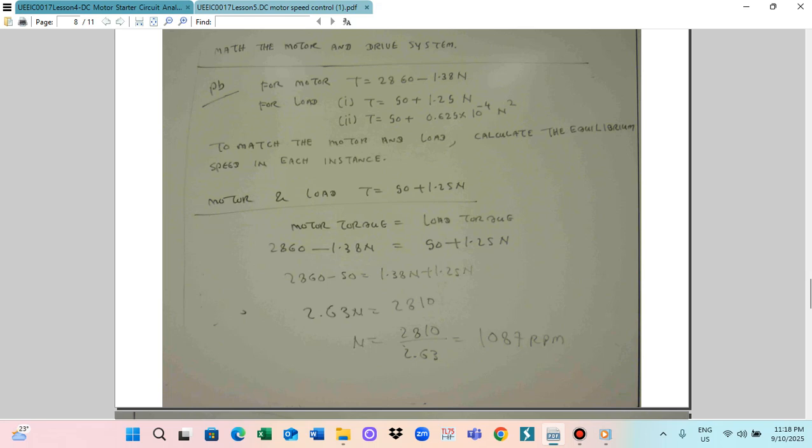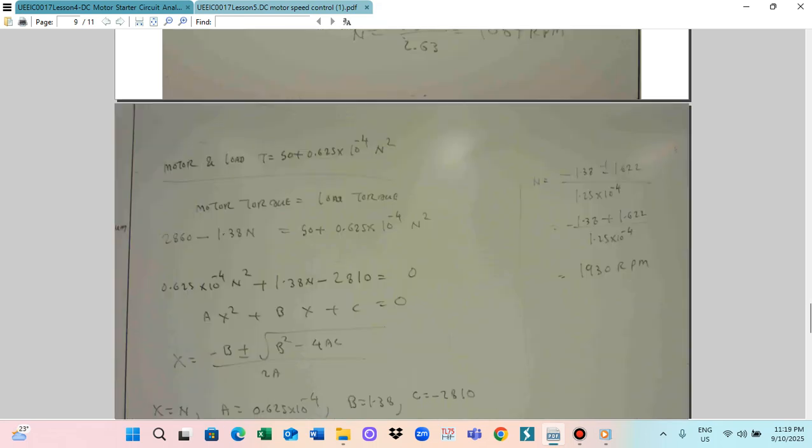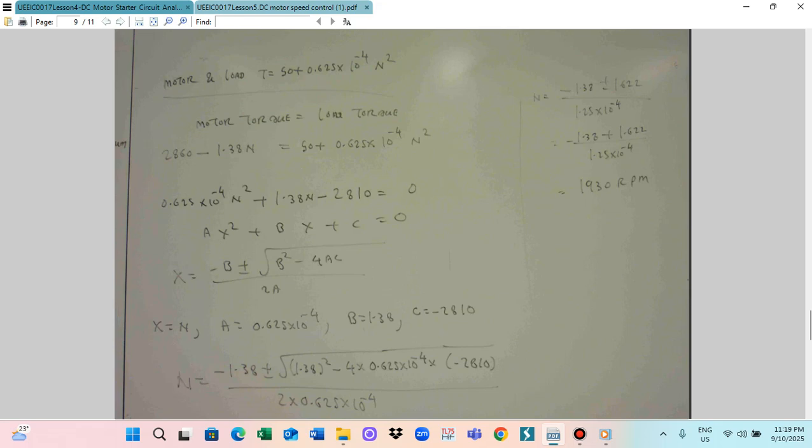In this case, you can draw the equivalent diagram here, with the armature resistance R_a and the supply voltage. Current flows to the field, I_f, and the armature current I_a.